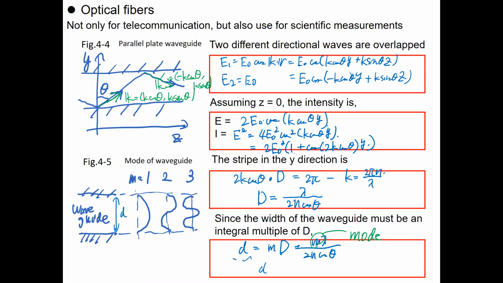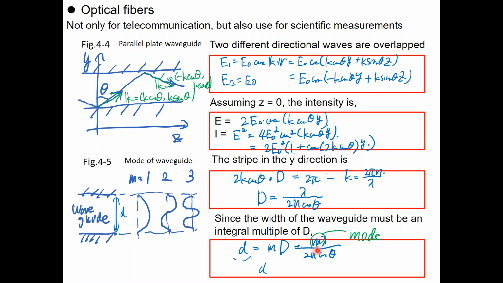In the case of m equals 1, the electric field in the y direction looks like this. And then m equals 2, you have two waves in a case like this. So as you increase the mode number, a different type of mode you can observe.